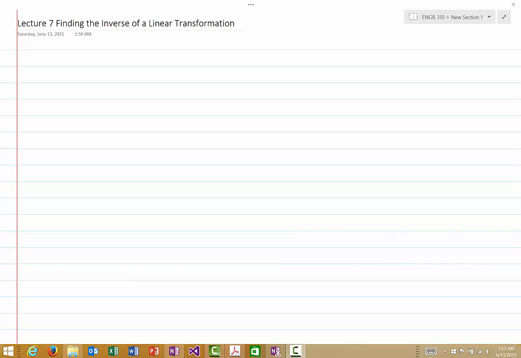We'll look at problem 7.9.12. And the problem says the following. Find the inverse transformation.